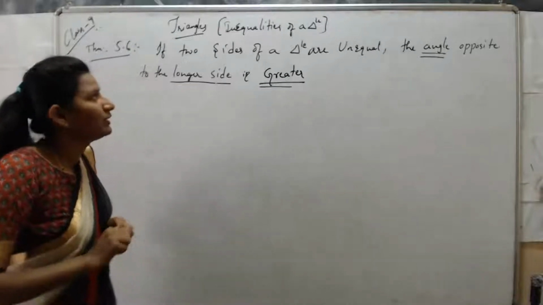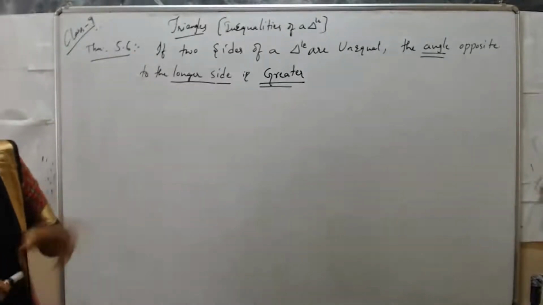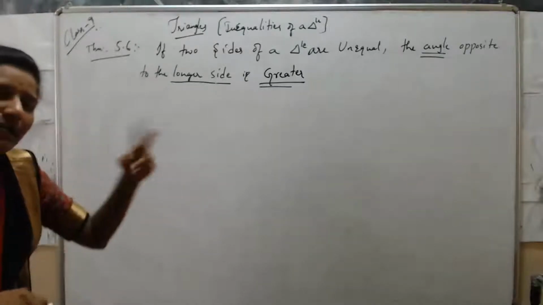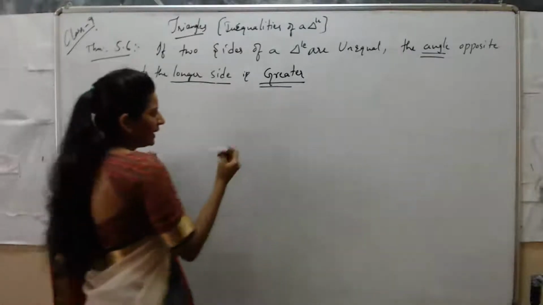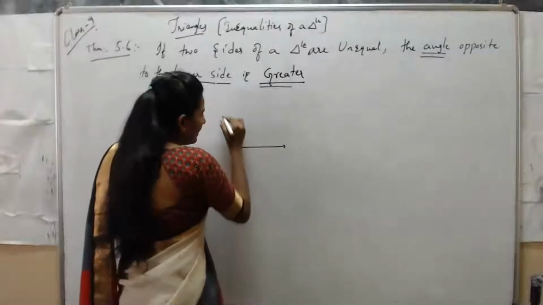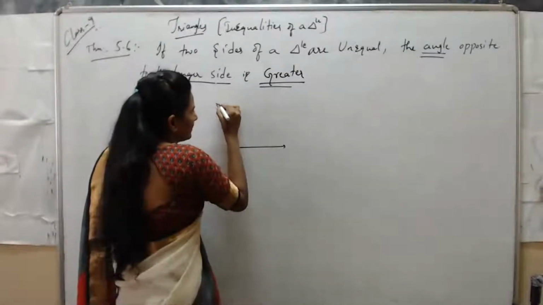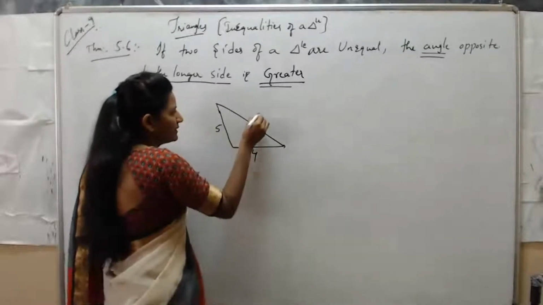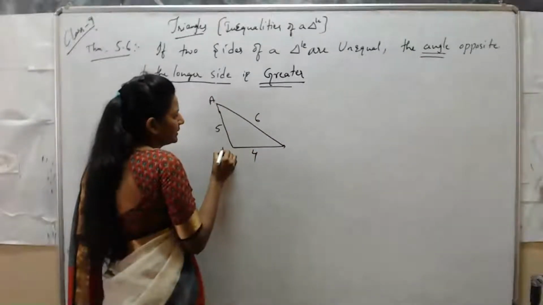What is the given? If two sides of a triangle are unequal, any two sides. See here, I am taking a triangle ABC with sides 4 centimeter, 5 centimeter, 6 centimeter.